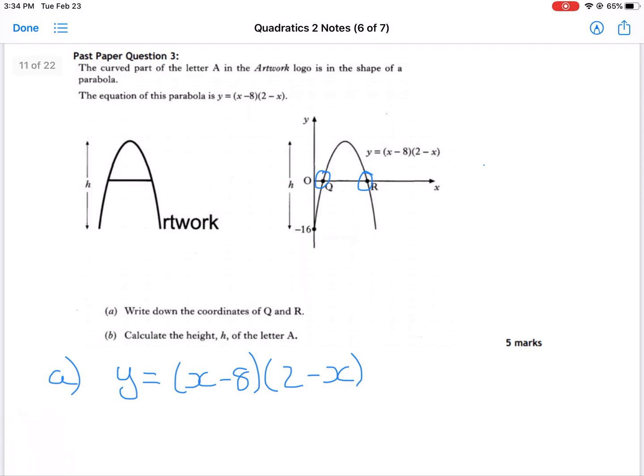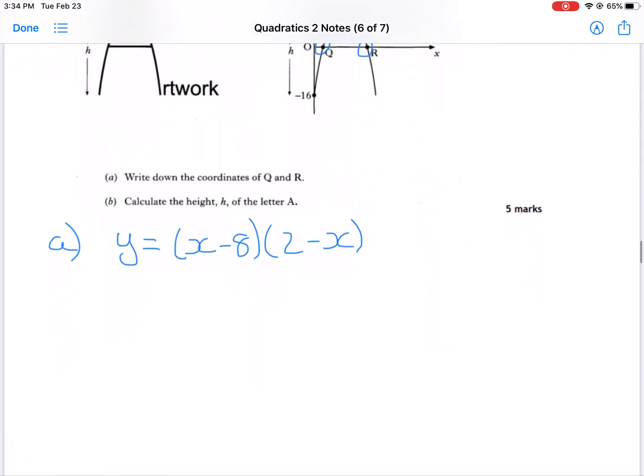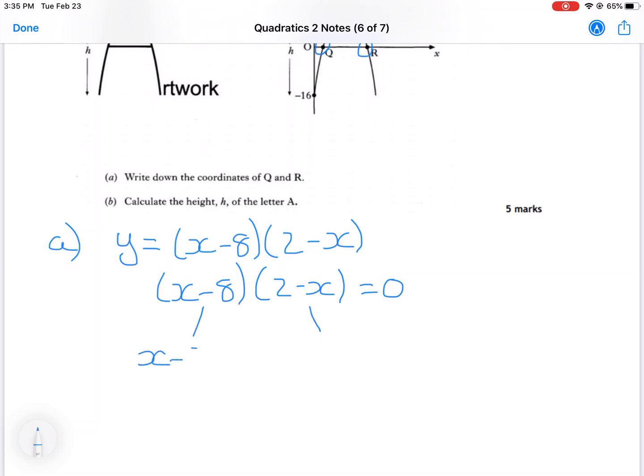Therefore, if I set these two brackets equal to 0, (x minus 8)(2 minus x) equals 0, then we'll find out what values are both Q and R. So putting those two separately, x minus 8 equals 0, so x has to be 8. 2 minus x equals 0, so x has to be 2.